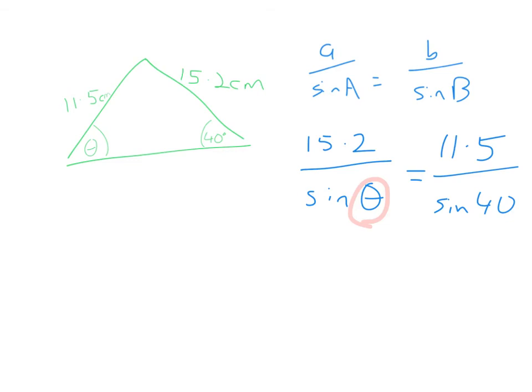So the rest of it just stays the same for now. 15.2 divided by the sine of theta is equal to 11.5 divided by the sine of 40. Sorry, simplifying the sine of 40. So that actually is going to be 0.643.